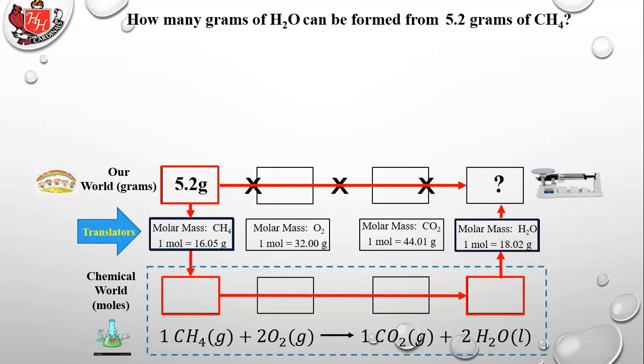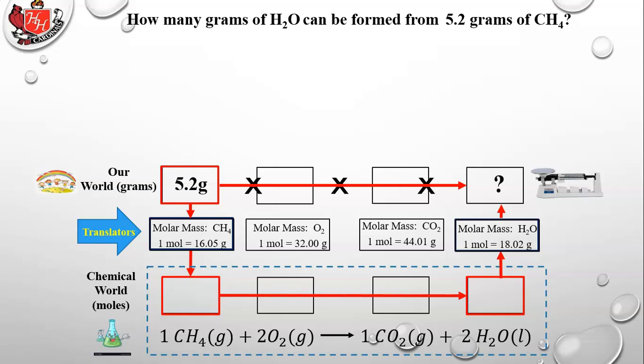You're going to need three conversions. Conversion 1, grams of CH4 to moles of CH4. That's over on the left. Step 2, moles of CH4 to moles of H2O. That's the sideways arrow inside the chemical equation, inside chemical world. And finally, the third conversion from moles of H2O up to grams of H2O, where the question mark is, and that will give us our final answer.